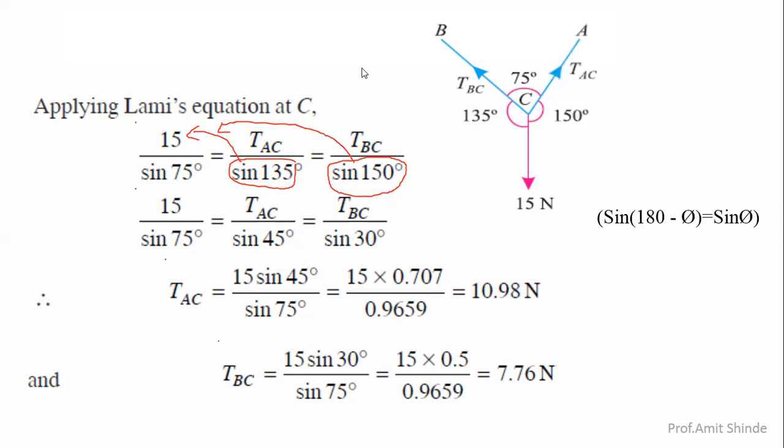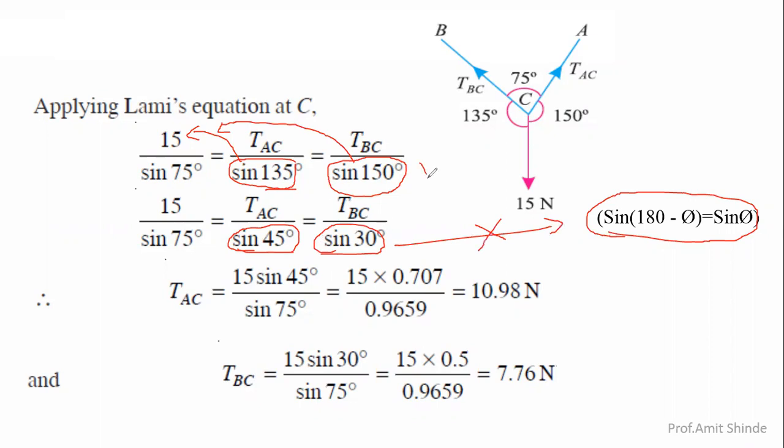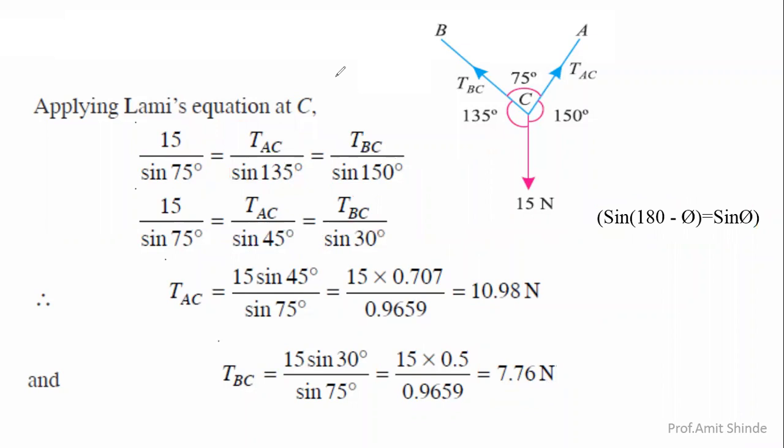There is no confusion if we take the same sine as it is in the calculation. Instead of making this simplification, it is not required. You may directly use this term for the calculation. You will get the same values for the same problem. Okay, now let us solve another problem.